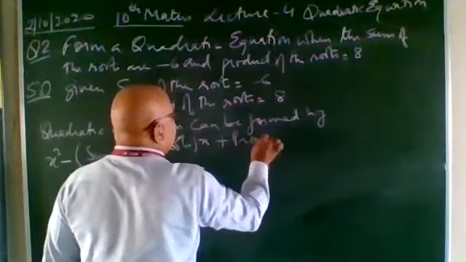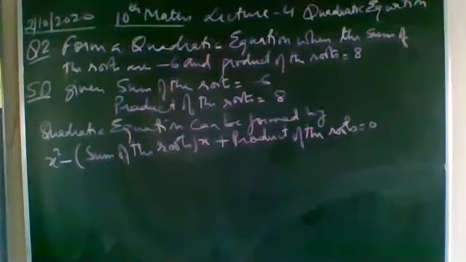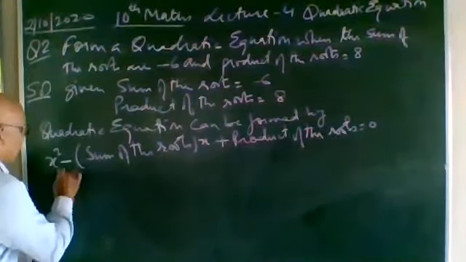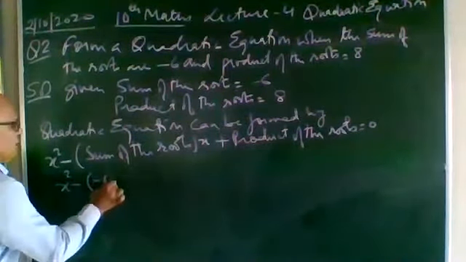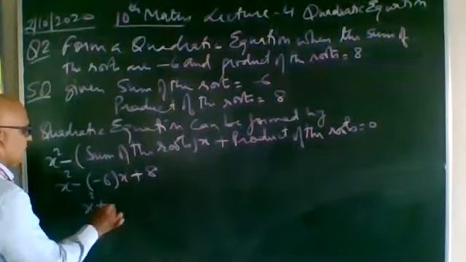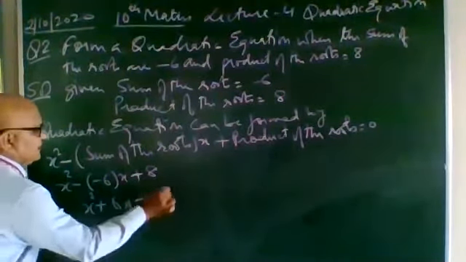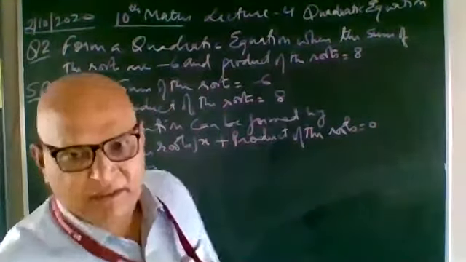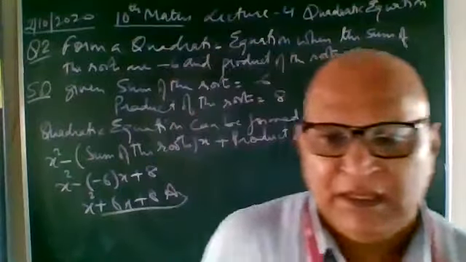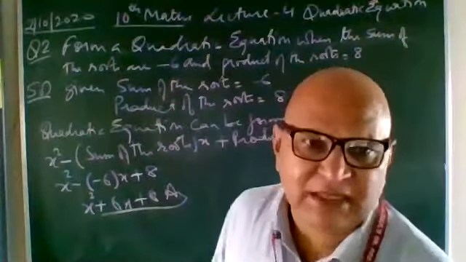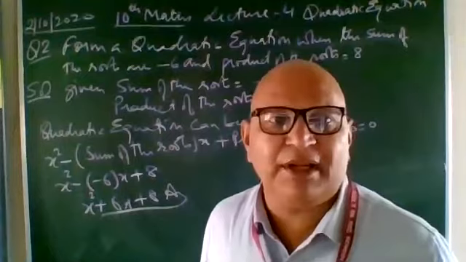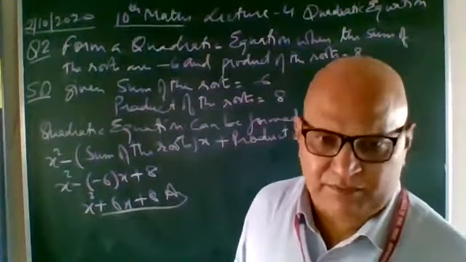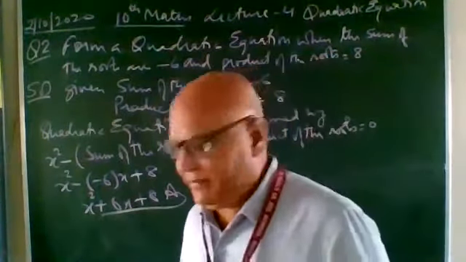So x square minus (-6)x plus product of the roots, which is 8. So x square plus 6x plus 8 is the answer. So this is how you can do the question. So quadratic equations can be found in this way.